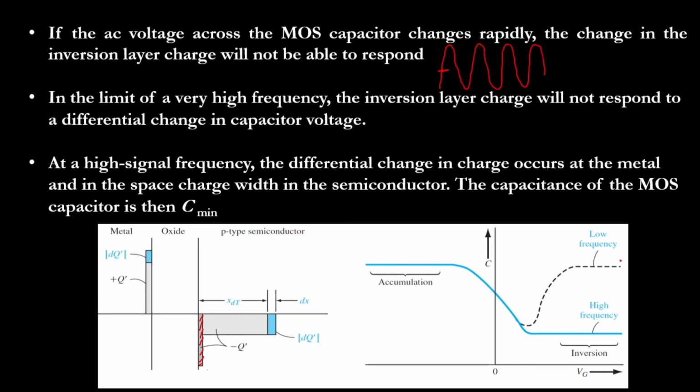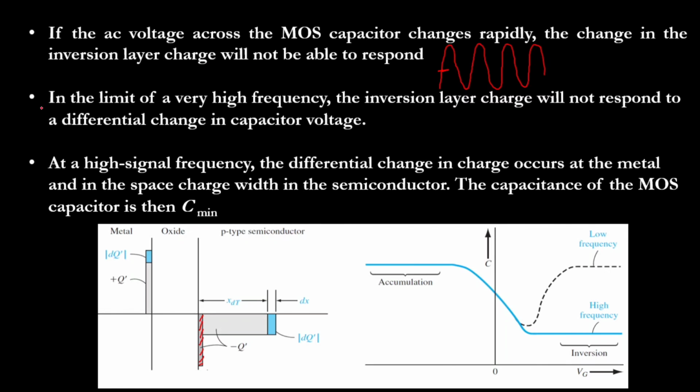Okay, initially at low frequency it may increase like this, but with a high frequency signal, it will reduce at the inversion, because that high frequency signal will change the width of the depletion region furthermore. That's what I explained here. If the AC voltage across the MOS capacitor changes rapidly, the change in the inversion layer will not be able to respond.